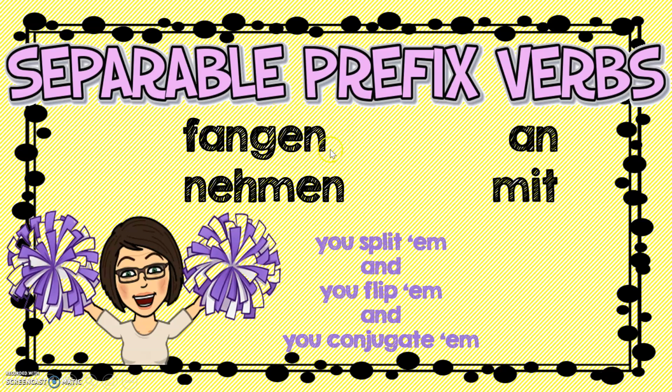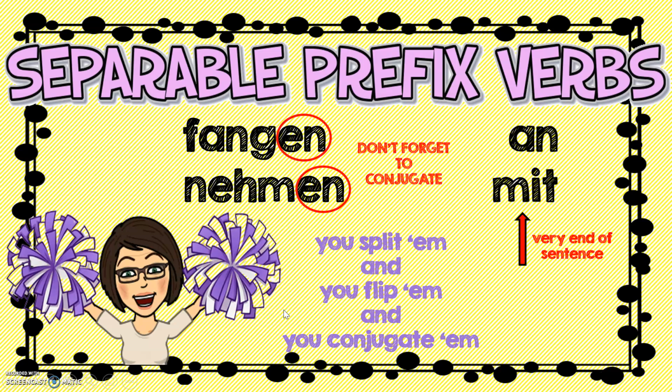Last step is to conjugate these to agree with the subject. Remember, these 2 items go at the very end of the sentence, and you cannot forget to conjugate those verbs.